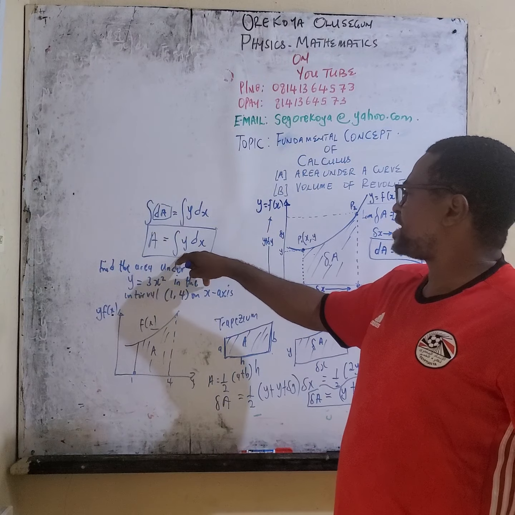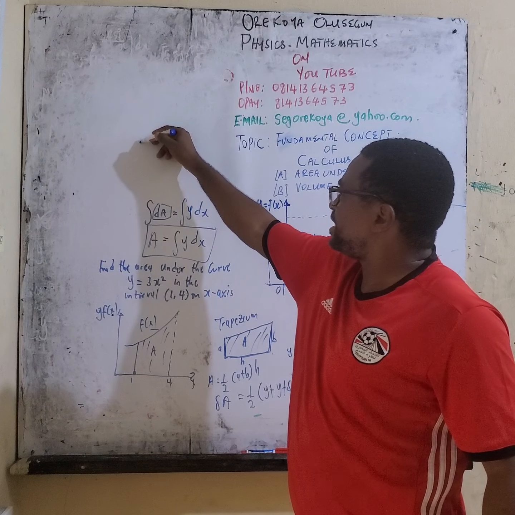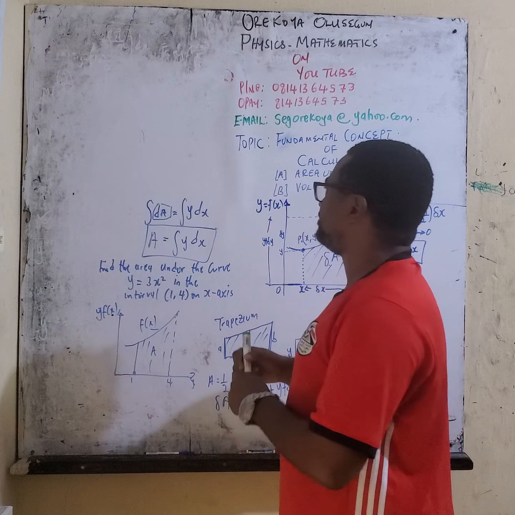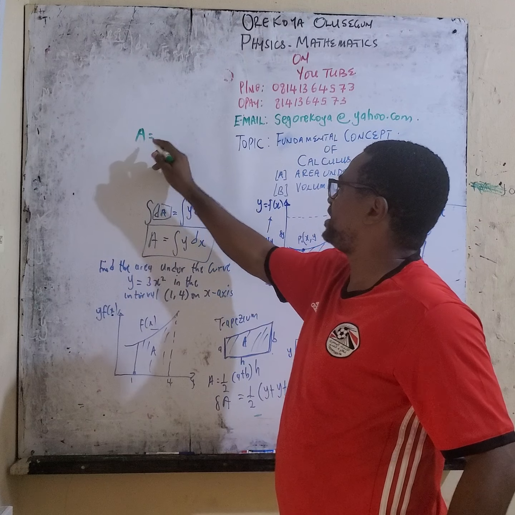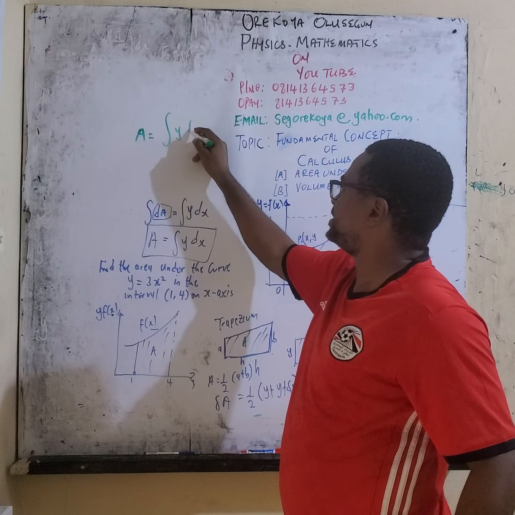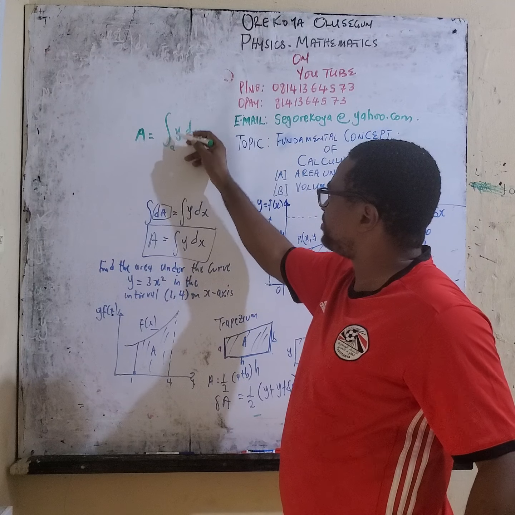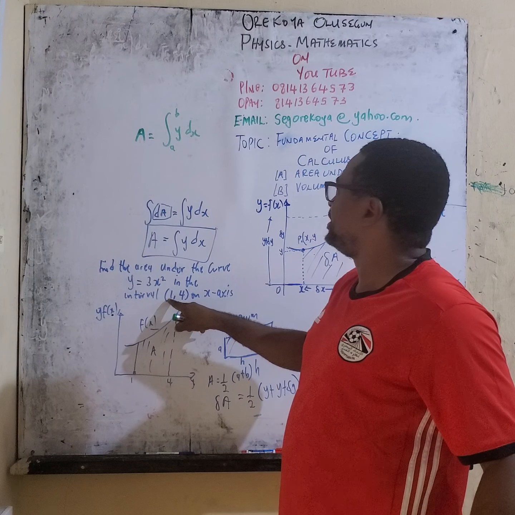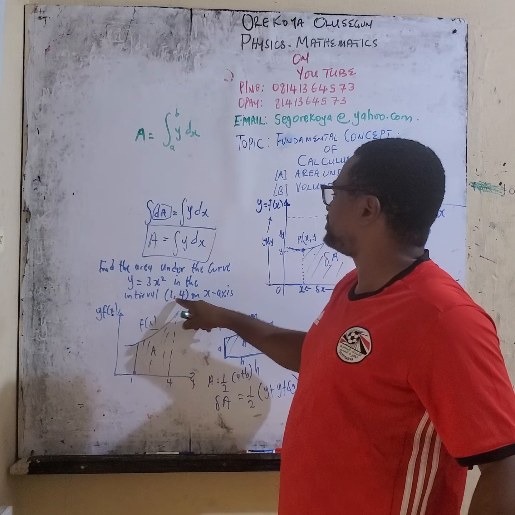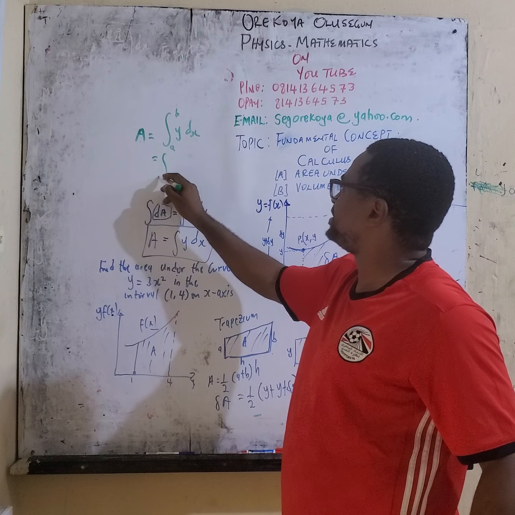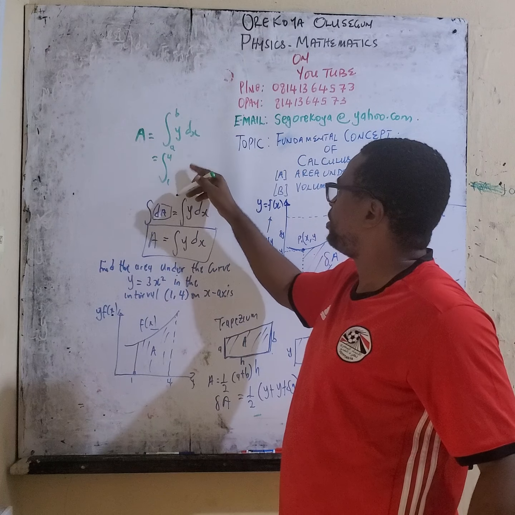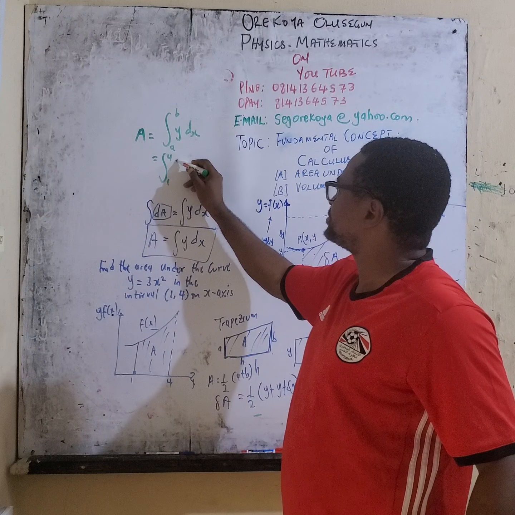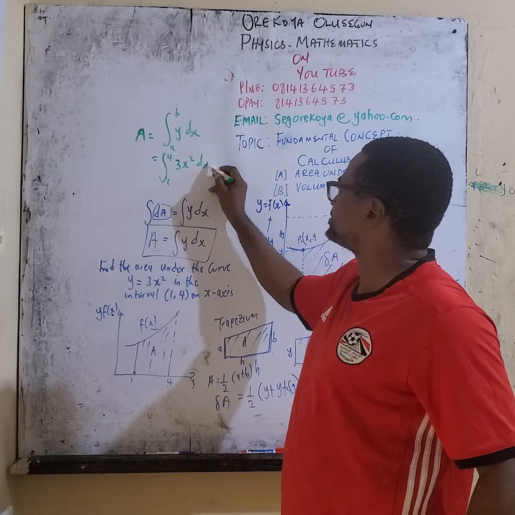According to this formula, the area can be given as the integral of y dx, with limits from a to b. The limits of this particular interval are 1 to 4. So I can have the integral from 1 to 4 of y, and our y here is 3x squared. So you write 3x squared dx.